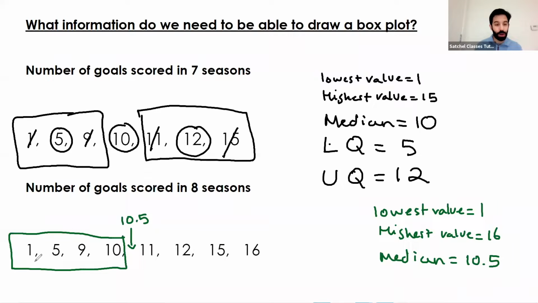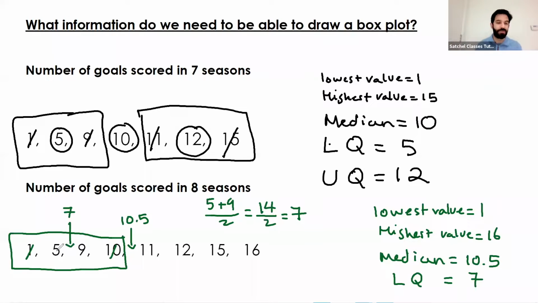The middle value is going to be between 5 and 9 in this case. If I cross out 1 from either end, I will have 5 and 9 in the middle. So I want the middle value between 5 and 9, which is going to be 7. So the lower quartile is equal to 7. And if I do 5 plus 9 divided by 2, that will give me 14 over 2, and 14 over 2 is 7.